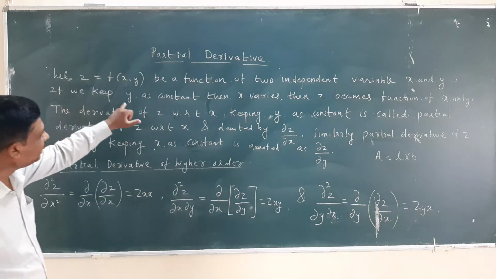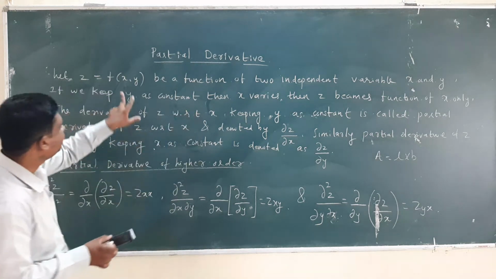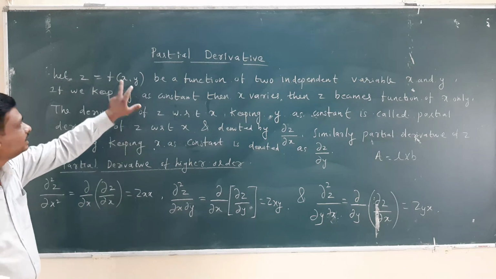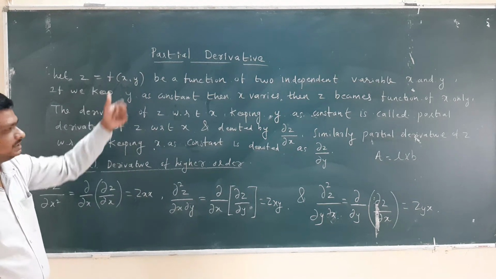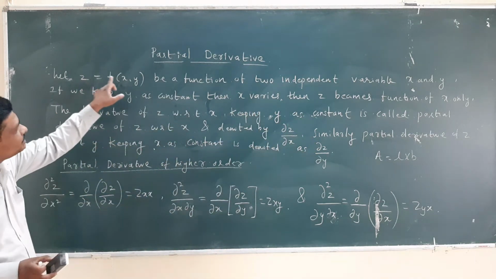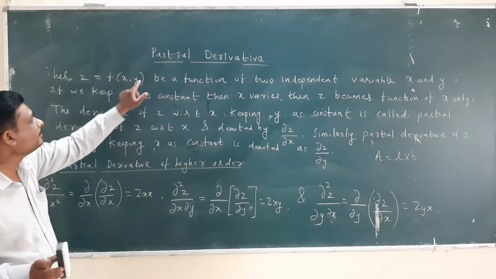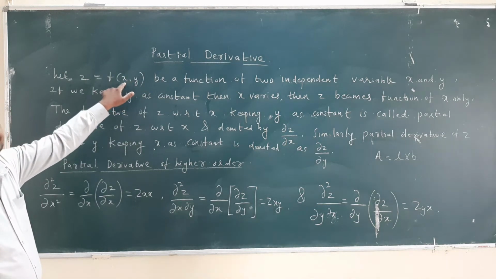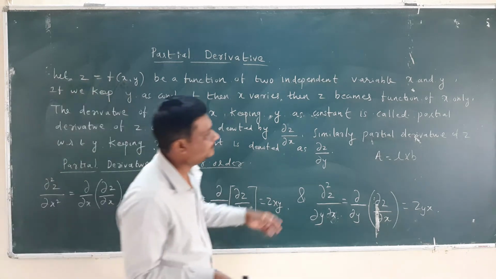Here, if we keep y as constant, definitely there are two variables. If I take y as constant, obviously x varies, and then z becomes a function of x only.